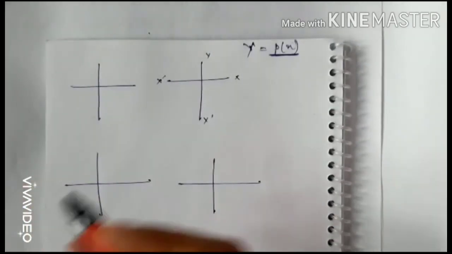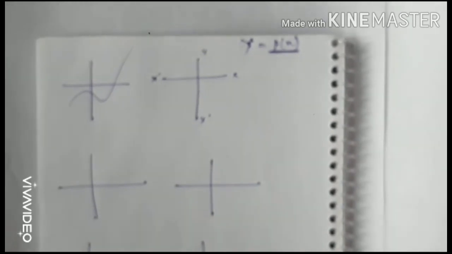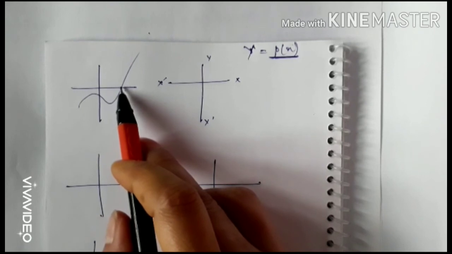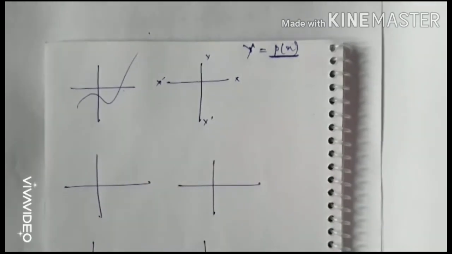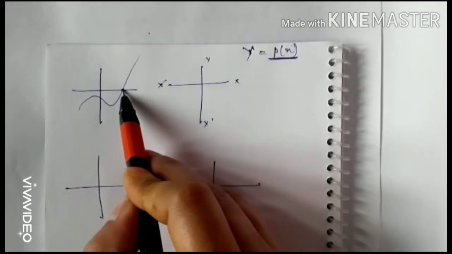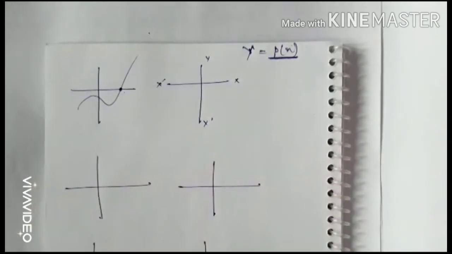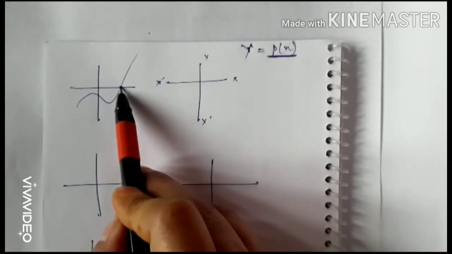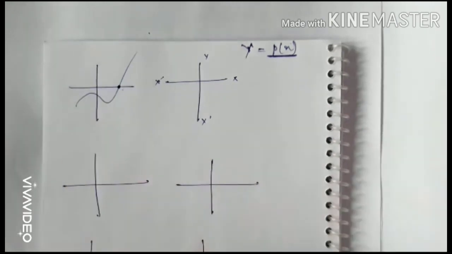Suppose I have drawn a curve in the form of this. How many times does it touch the x-axis? Only at one point, here. So the number of zeros will be 1.